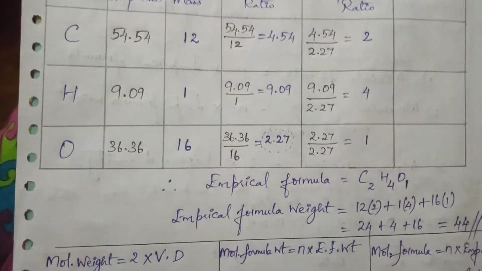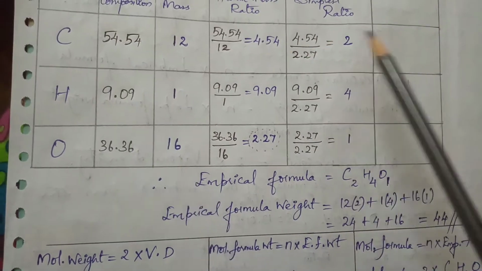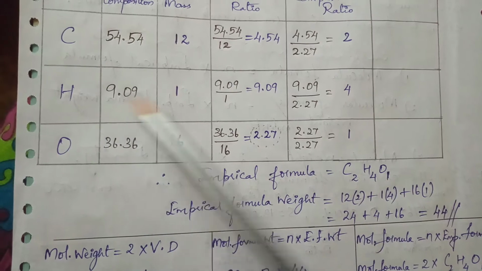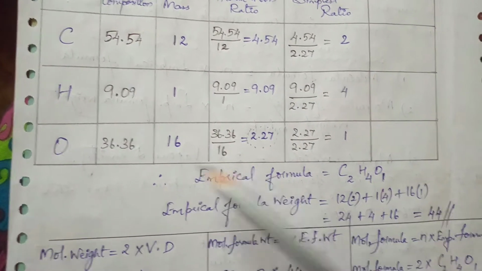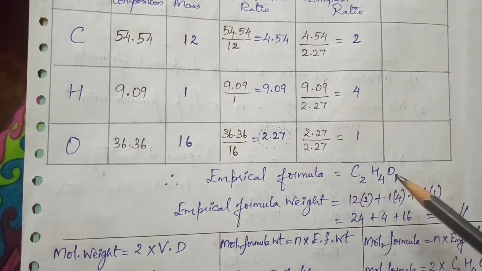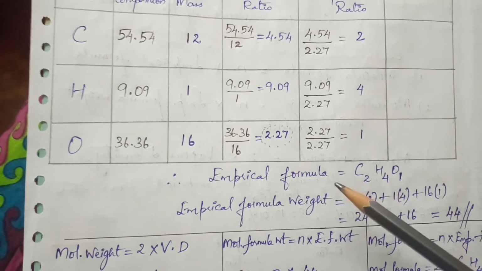The empirical formula of the compound: carbon value is 2, so C2, hydrogen value is 4, so H4, and oxygen is 1, so O1. So this is the empirical formula. Every formula has its own mass or weight.